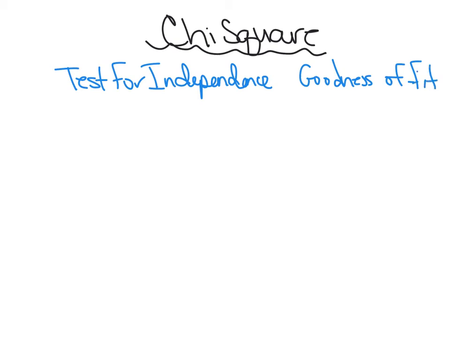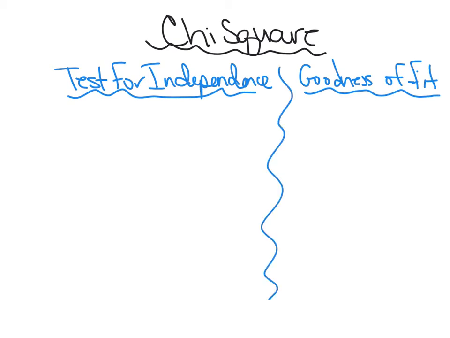Okay, so the key way of determining which test is appropriate has a lot to do with what type of data and how many independent variables you have, or quasi-independent variables. So with a test for independence, you're going to have two independent variables or quasi-independent variables.